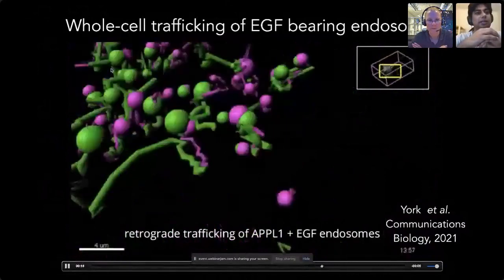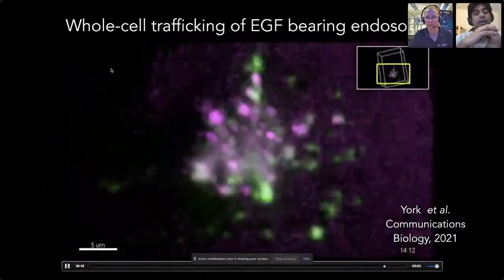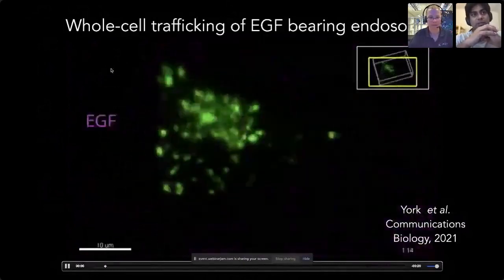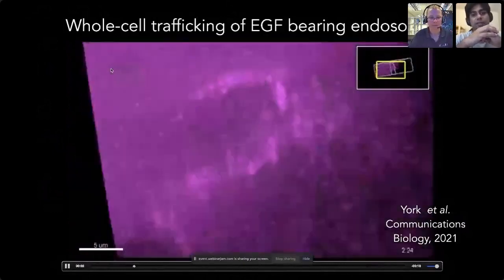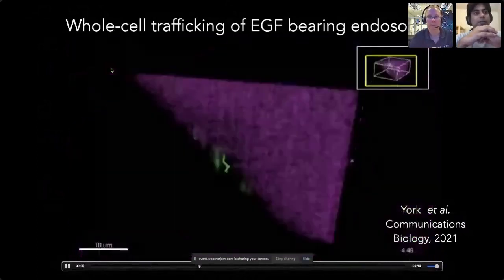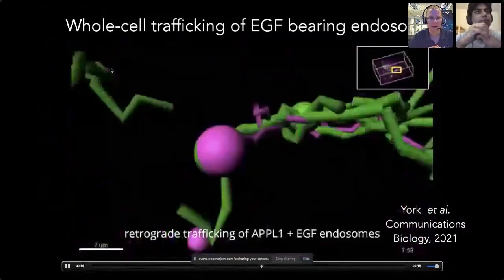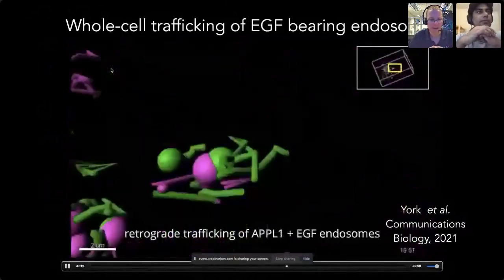So certainly, cargo plays a role in regulating and perturbing the steady state of endosomal maturation. And we see that it should affect the rates of endosomal conversions as well.